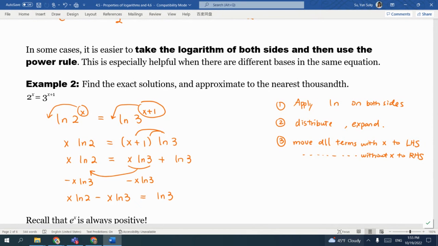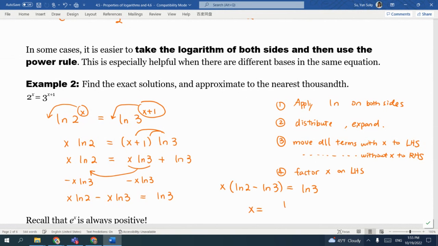Once you move all the terms with x to the left-hand side, do you see x is a common factor? So factor x out on the left-hand side. What's that? ln of 2 minus ln of 3.